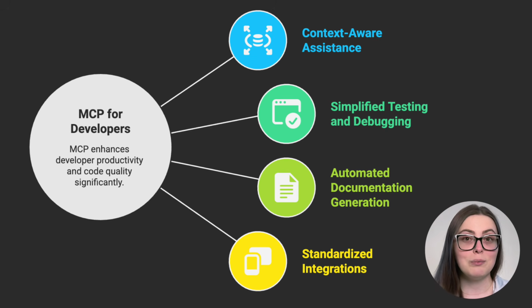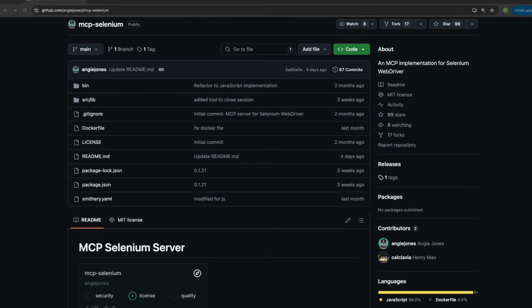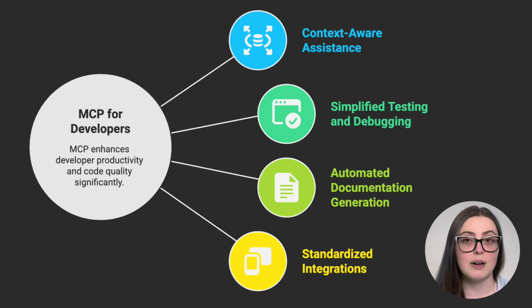We can also simplify testing and debugging. Browser automation servers like Selenium MCP can translate natural language instructions to automated browser tests. For example, test the checkout flow with a new user account.